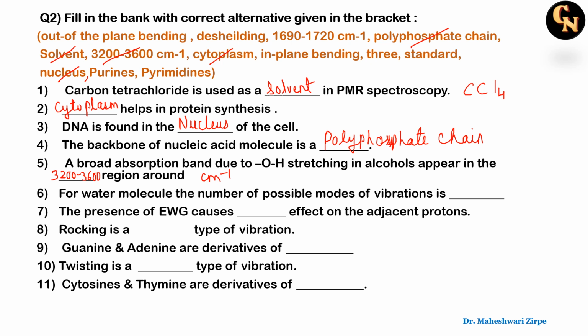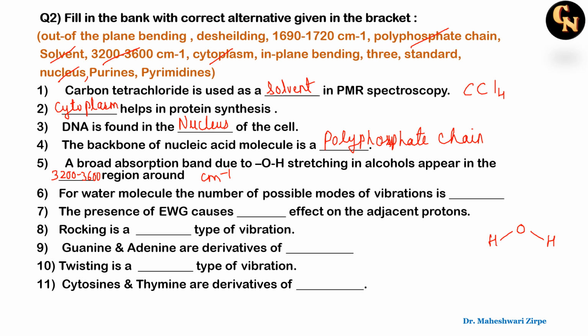Wave number. The next is for the water molecule, the number of possible modes of vibration is dash. So here they are asking us the mode of vibration, and it is the water molecule. If you know the structure of the water molecule, it is this way, correct? And the water molecule structure is not linear.